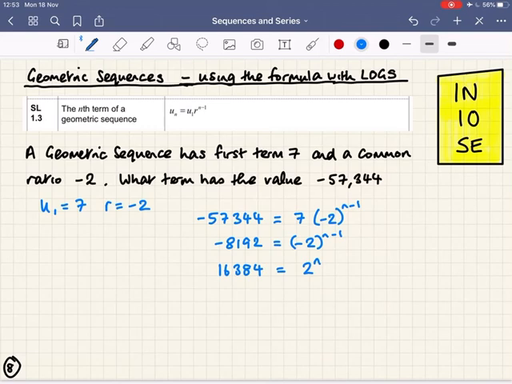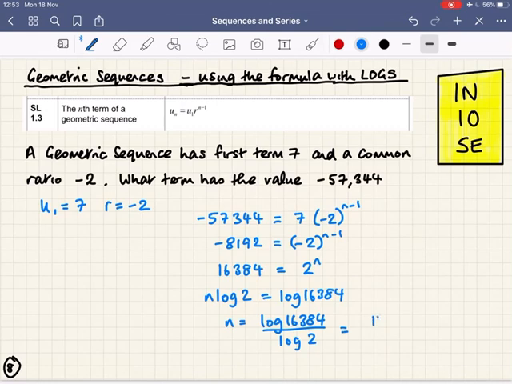So now I can use logs. n log 2 equals log 16,384, and that's just a nice simple solve like before. n equals log 16,384 over log 2, which equals 14. So the 14th term has the value minus 57,344.